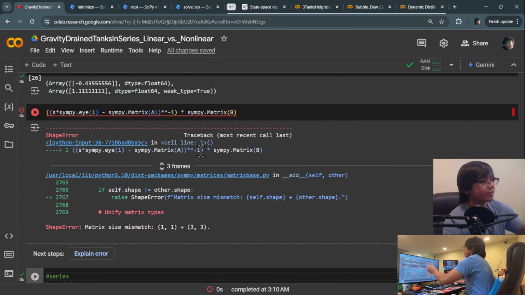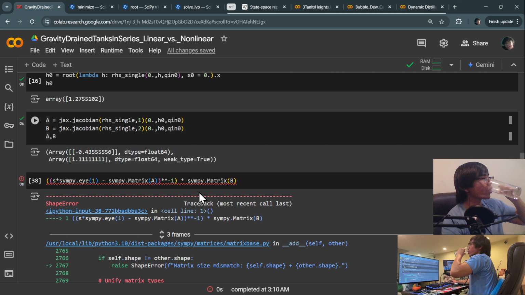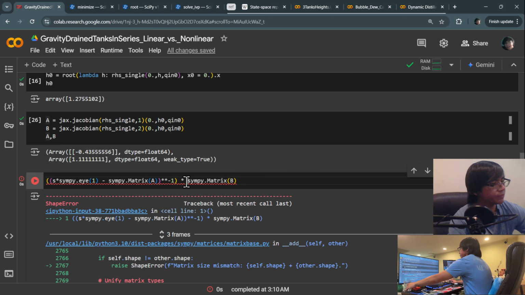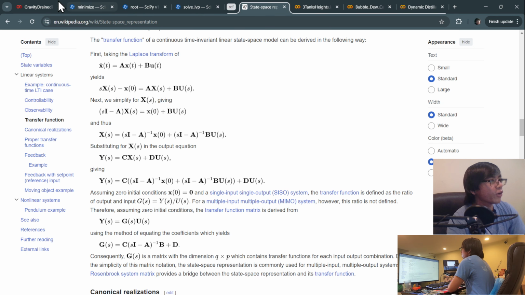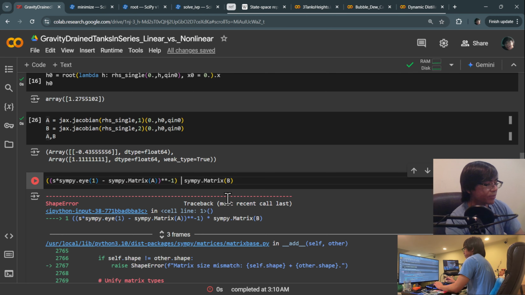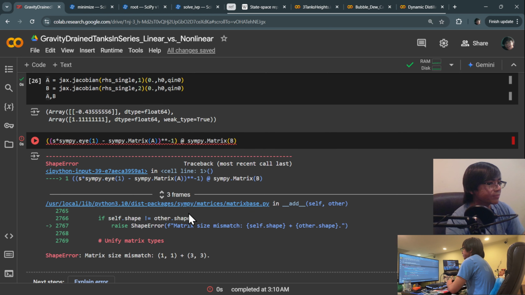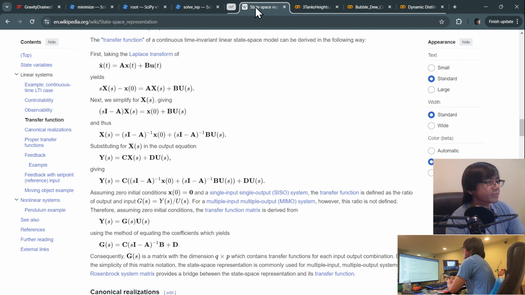Oh, what is happening here? Oh, matrix multiplication. Oh my goodness. Can't believe I forgot the thing. Oh, that's not it. Is it the inverse of this? Or I'm sorry, -1 is the inverse.